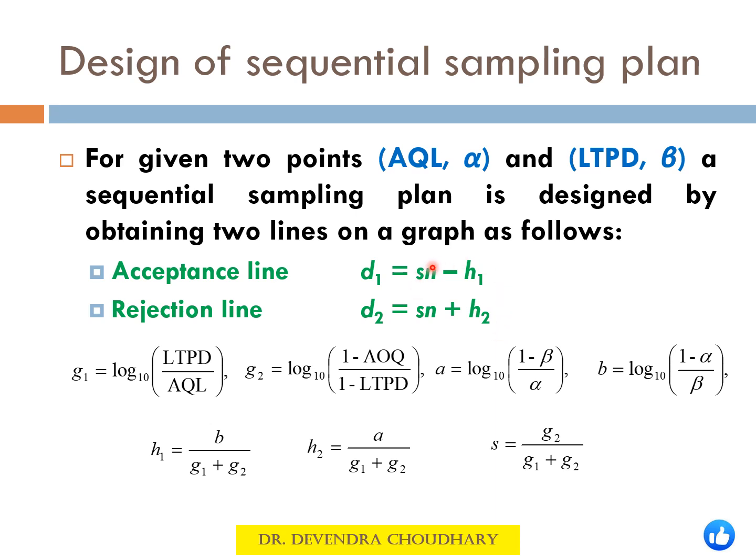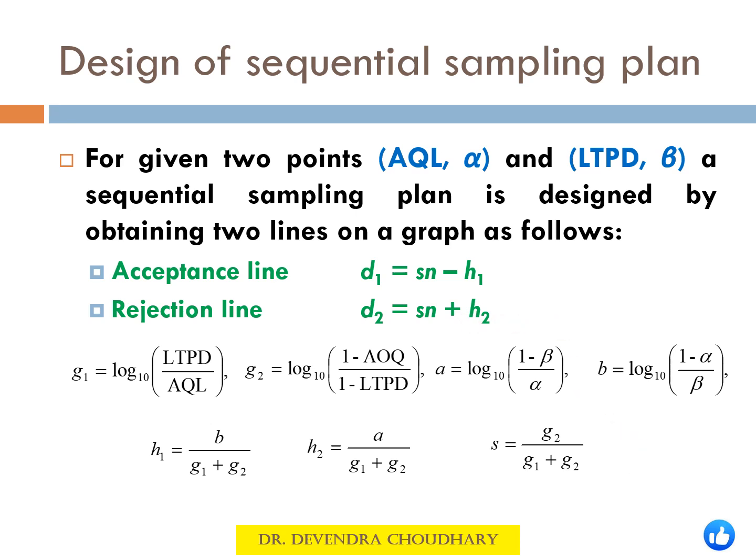S is the slope of these lines and these are parallel lines because their slope is the same. The acceptance line will intercept the y-axis on the below side at the H1 value, and the rejection line will intercept the y-axis at the H2 value.